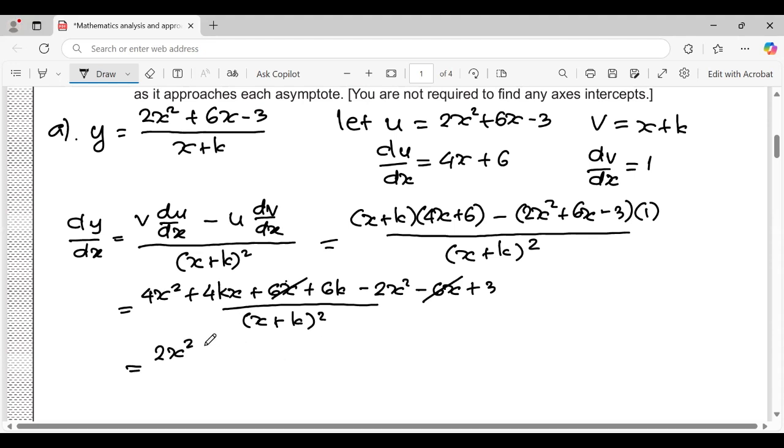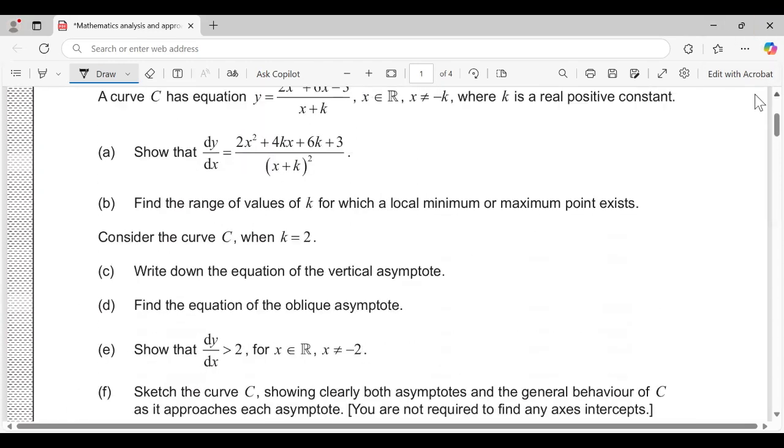And after that, 4kx plus 6k plus 3 over x plus k squared. So let's compare with the question.